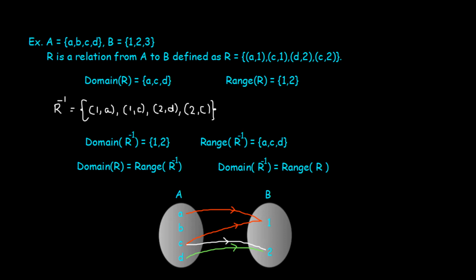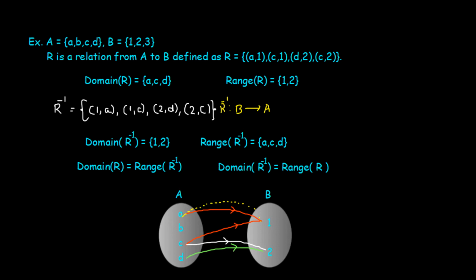Now the inverse of a relation means we are coming from B back to A. So this is the relation that we are going from B to A. That's how R inverse is defined. If we pick up 1, then we should get back a. We are actually backtracking our path.